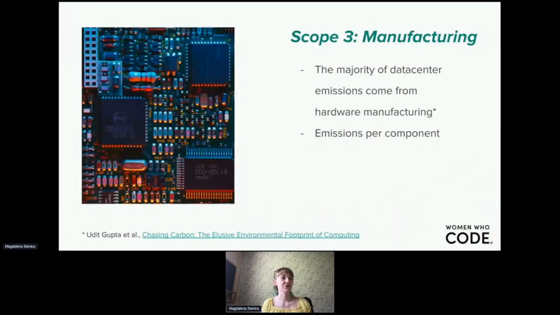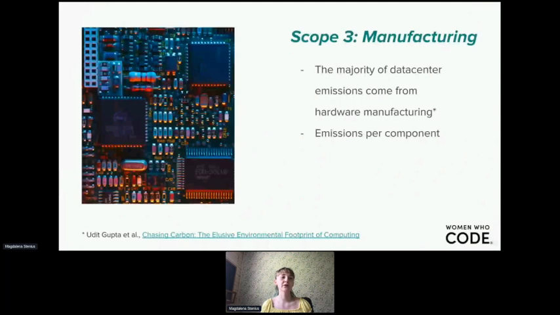Then on to the next scope, manufacturing. According to Udit Gupta and others, the majority of data center emissions are actually coming from hardware manufacturing. The challenge here is that we would like to know the emissions per component.